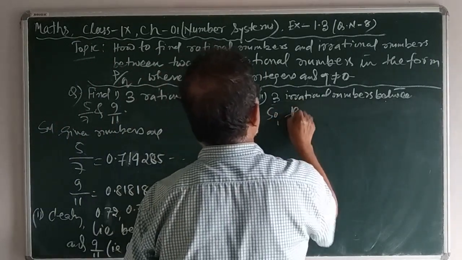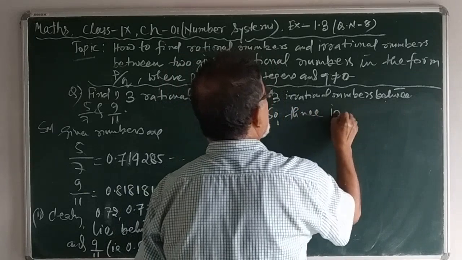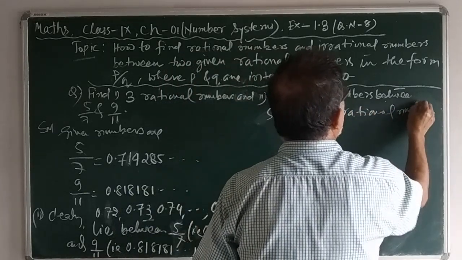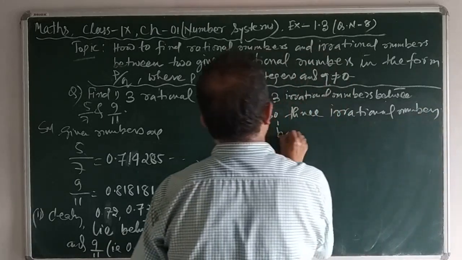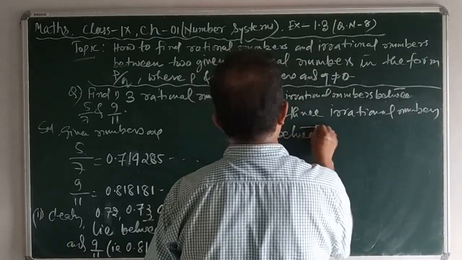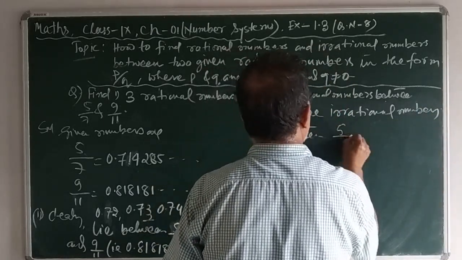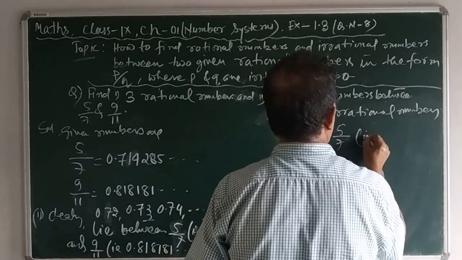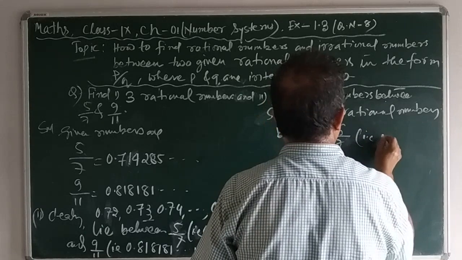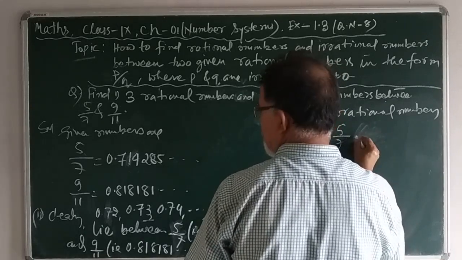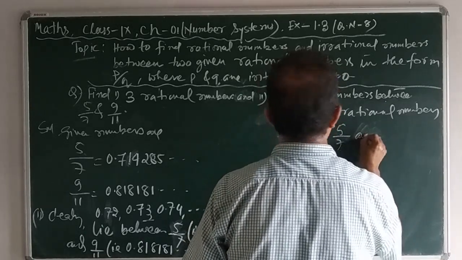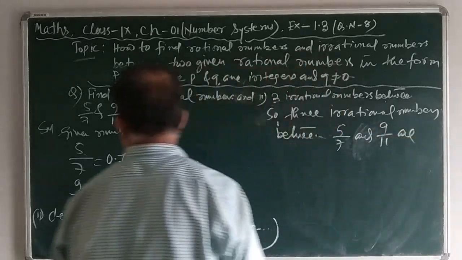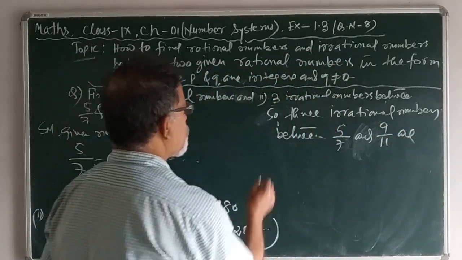So, 3 irrational numbers between 5 by 7 and 9 by 11 are: let us take the first number 0.72.